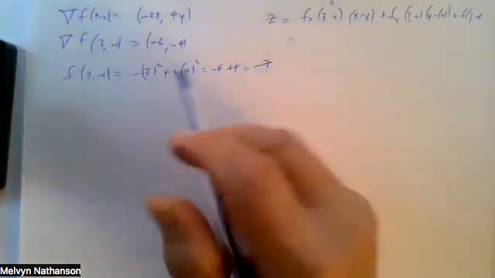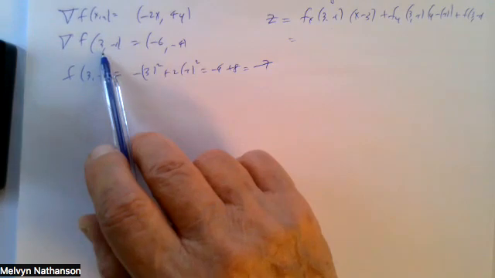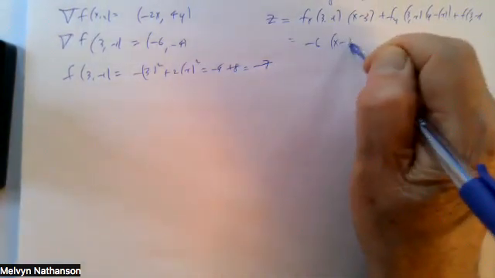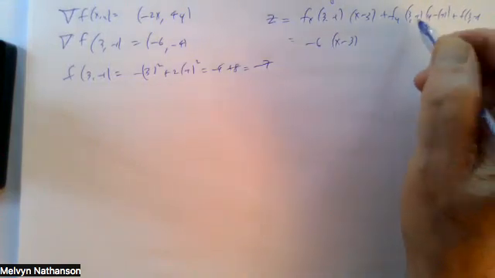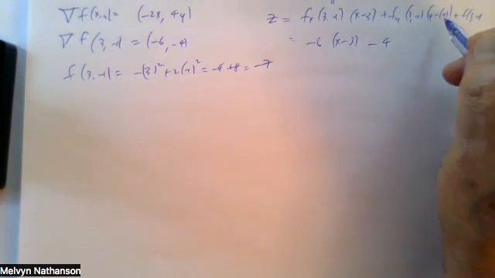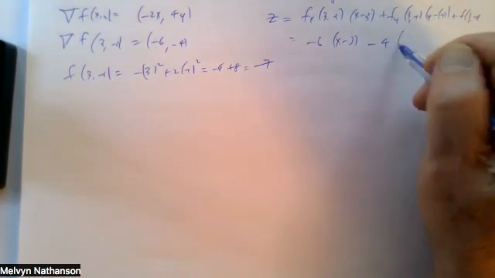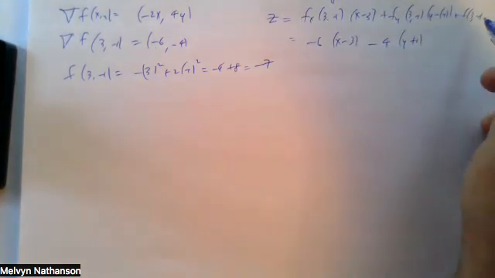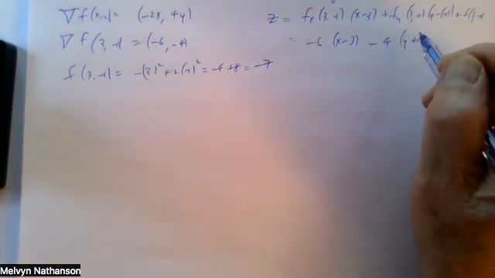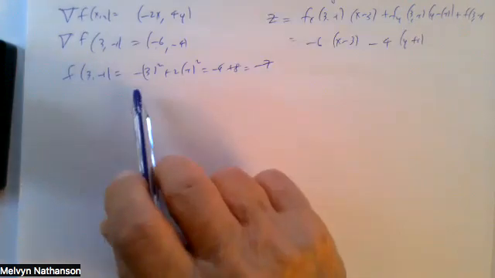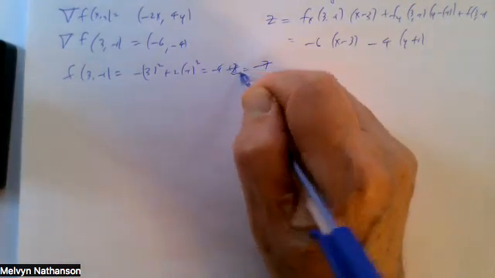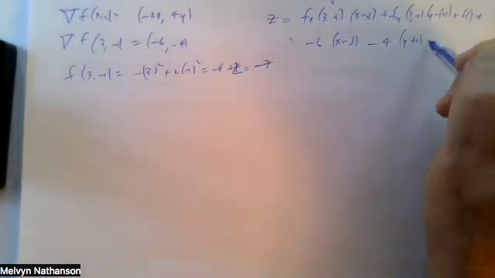So the partial derivative with respect to x is minus 6 times x minus 3. The partial of f with respect to y is minus 4, times y minus minus 1, which is y plus 1. And the value of the function is minus 9 plus 2, which is minus 7.